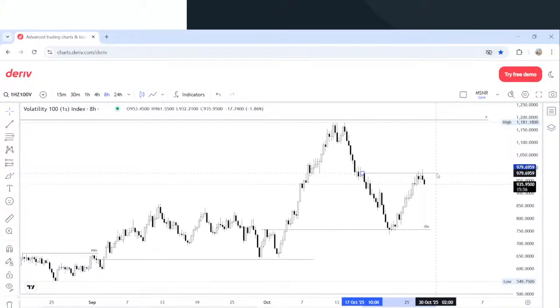Guys, the other thing is, I wish Derive can change this. By the way, this is Derive, the broker that I use for these synthetic indices.